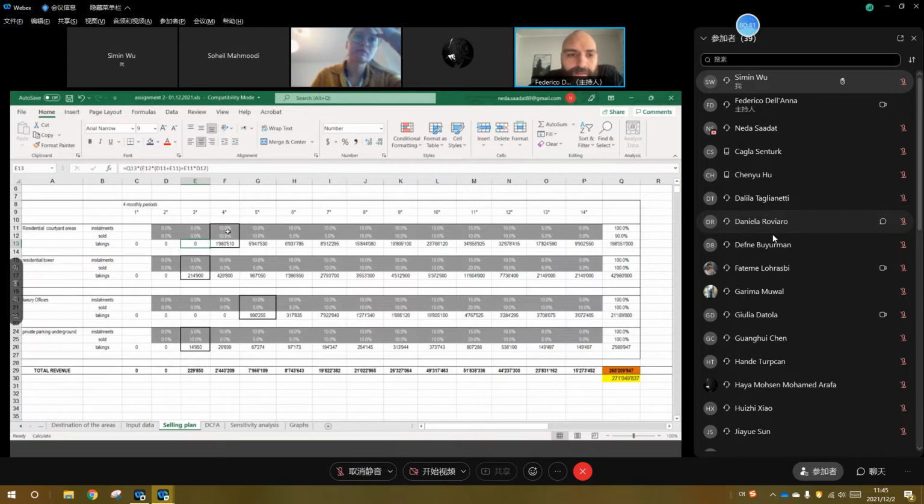If you look at the cell of the total of the sold rate for the courtyard area, now it is 90%. So put 10 there. Okay, good. Now it works well.